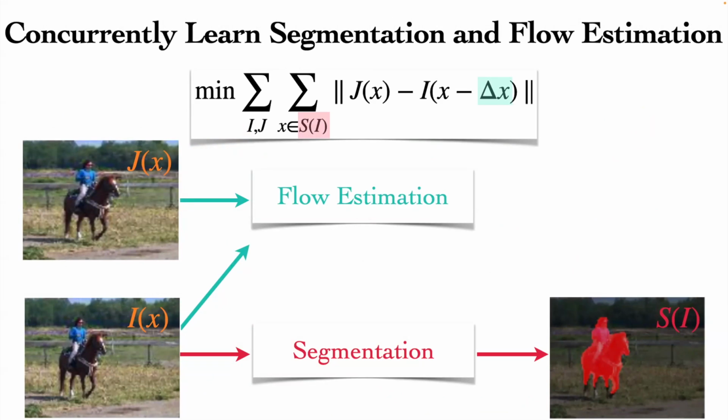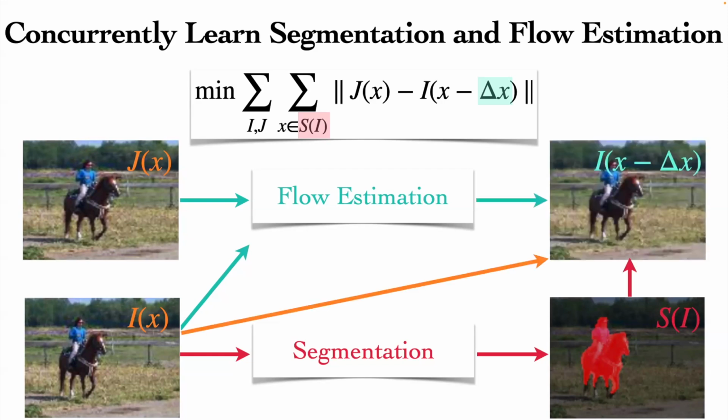I tell the other one, you need to give me flow. And I'm looking at both outcomes. If I have both, I know for each segment how it moves. I should be able to copy and paste, generate the next frame. I actually have the next frame. I have the data. I'm going to close the loop. I'm going to compare. And that allows me to learn both segmentation and flow at the same time.